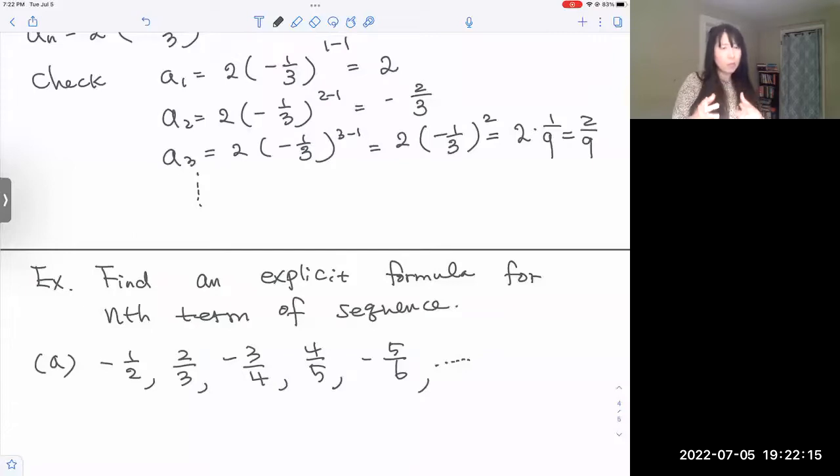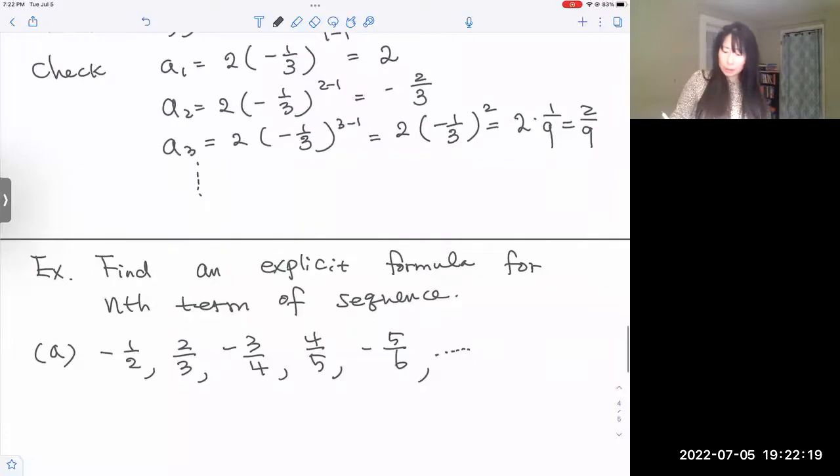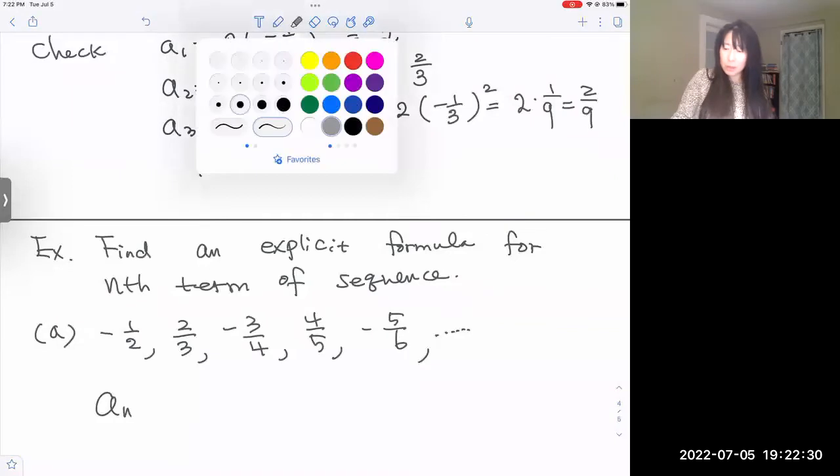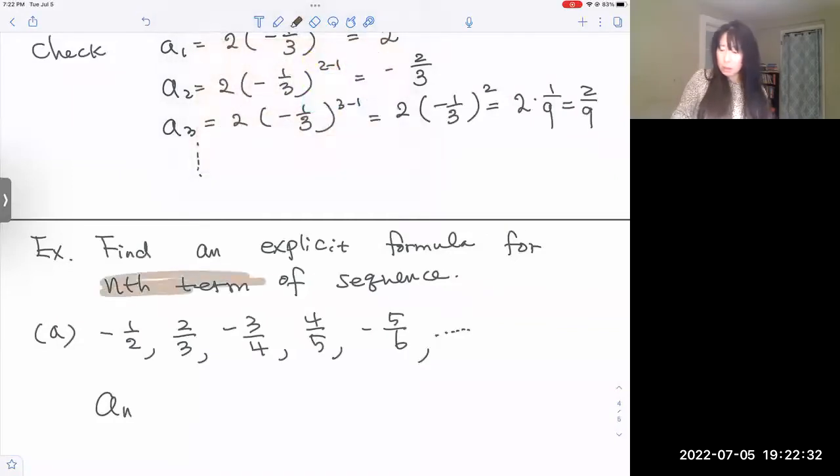The sign changes, right? So the sign change we can express like this. A sub n means the nth term of a sequence, so we denote the nth term of a sequence like this, okay?